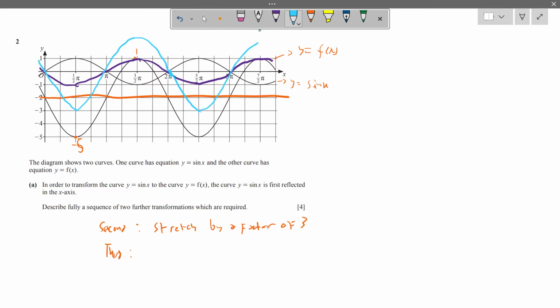So that is the blue curve after the second transformation. So now you have to shift it or translate it 3 units down. Oh wait, no. It's 2 units, sorry. Translate by 2 units downwards.